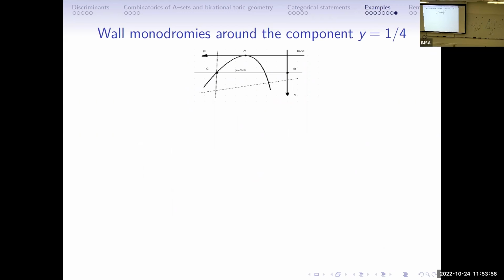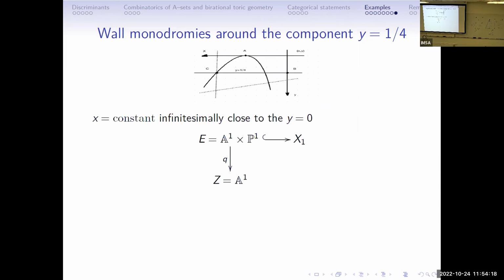And so you see now, what are the wall monodromies? The wall monodromies correspond to sort of staying here, corresponding to this component y equals 1 over 4. So there you can go around this component this way, or you can go around this component this way. And it turns out that geometrically they're very different operations.